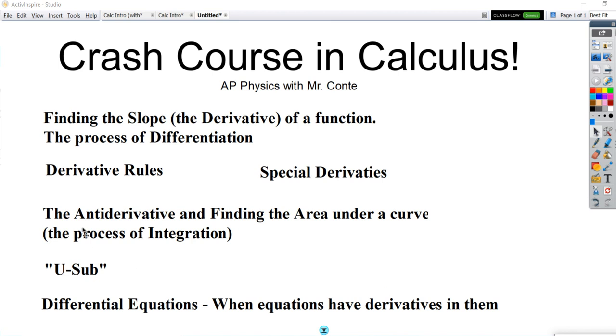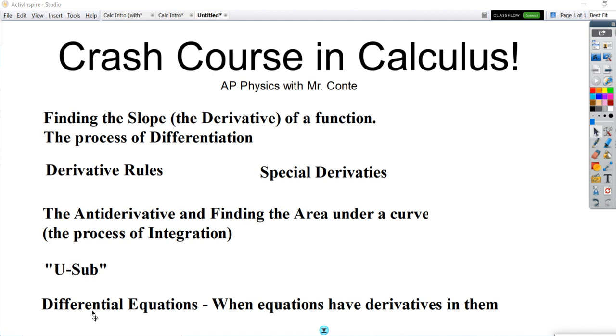So I won't go through a lot of detail, but one of the tricks of integration is using a process called U substitution or U sub. So I'll show you an example of that, and then I'll close out by just previewing an example of something called a differential equation.